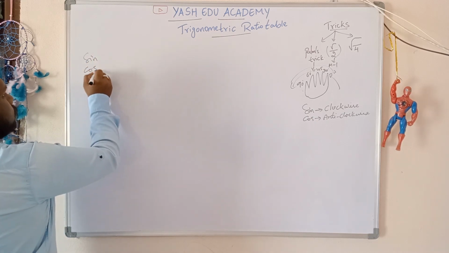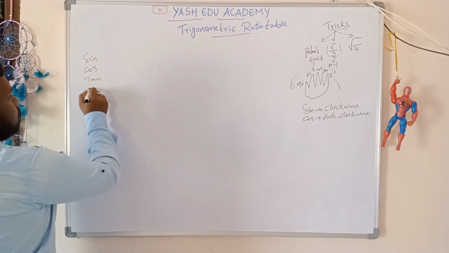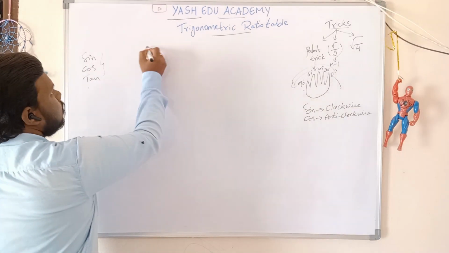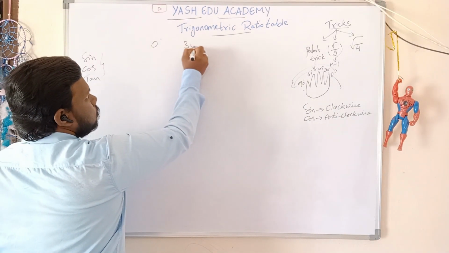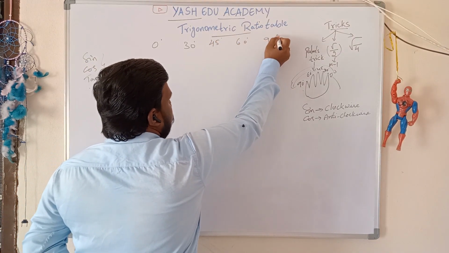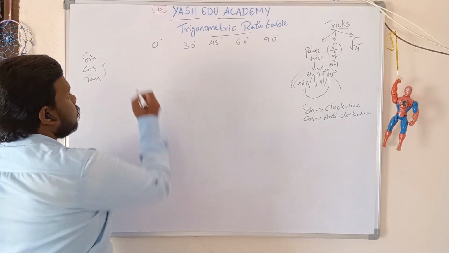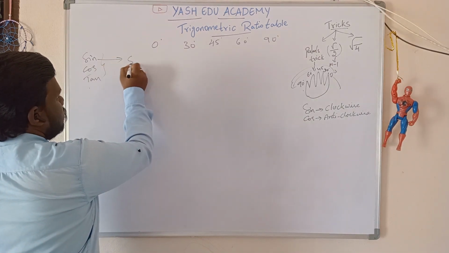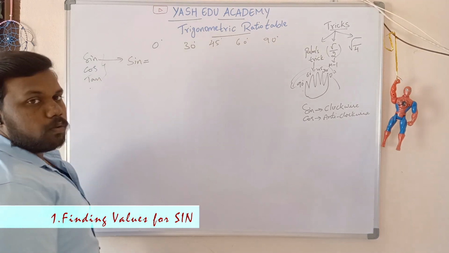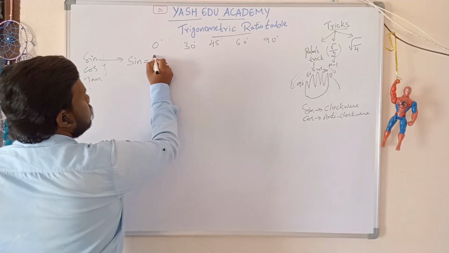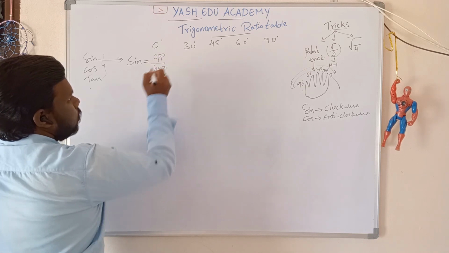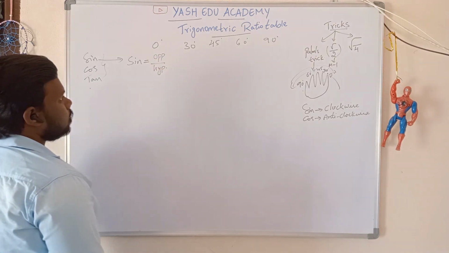Let's write the ratios. Till tan theta, first we will find them, for 0, 30, 45, 60 and 90. First let us find the values of sine. Sine is opposite by hypotenuse.